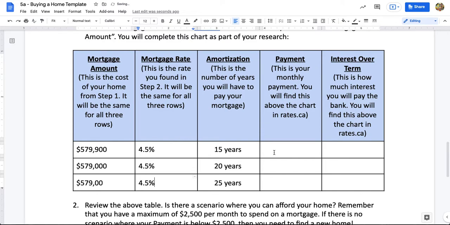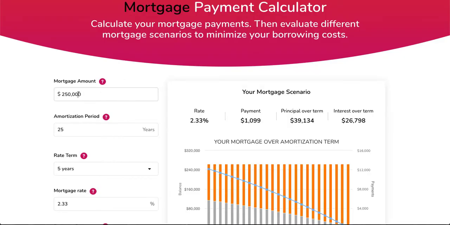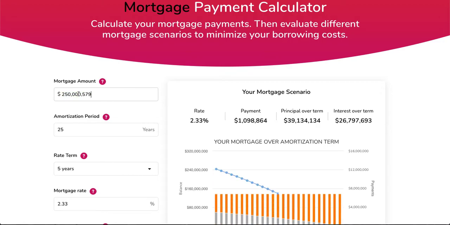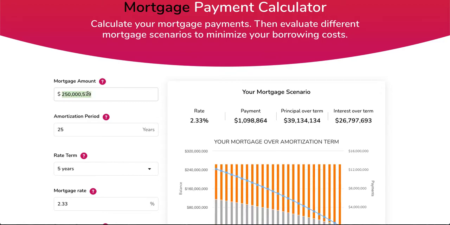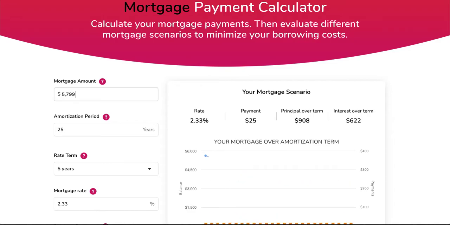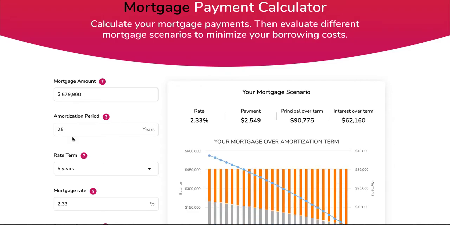And then now I want to do this calculation. So I need to go back to realtor.com, 579,900. So that didn't work. 579,900 is the cost of my home.